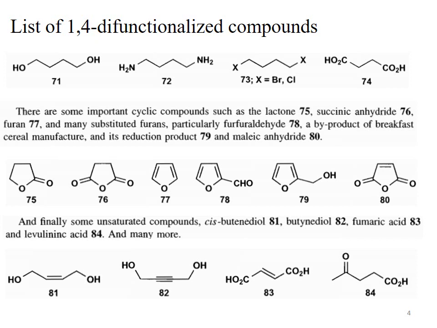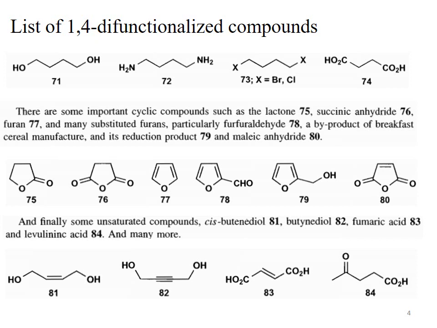So this slide shows the list of 1,4-difunctionalized compounds. See compound number 71, then 72, 73 and 74. 71 is a 1,4-diol. 72 is a 1,4-diamine. 73 is a 1,4-dihalo compound, and 74 is a 1,4-dicarboxylic acid.